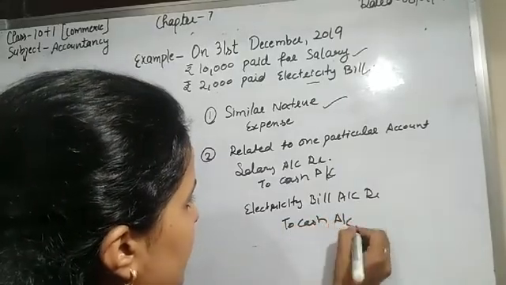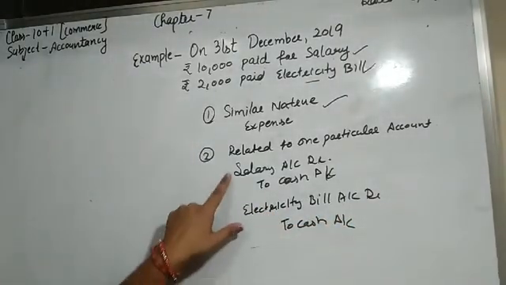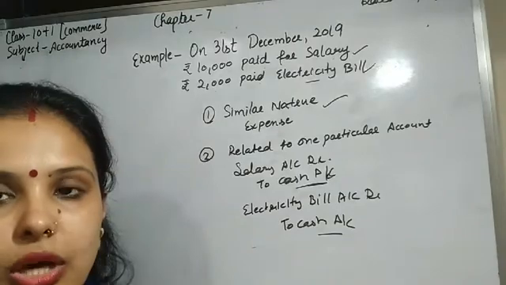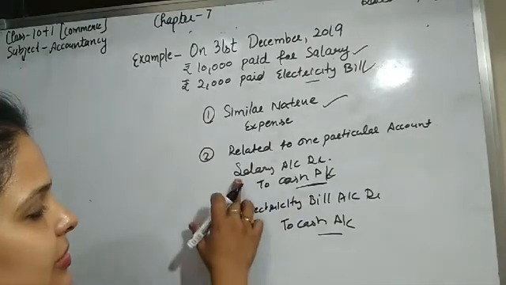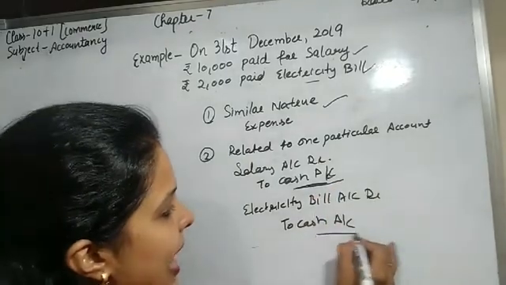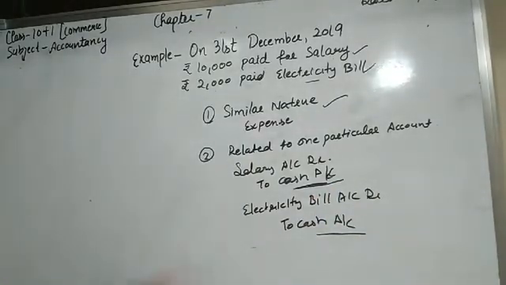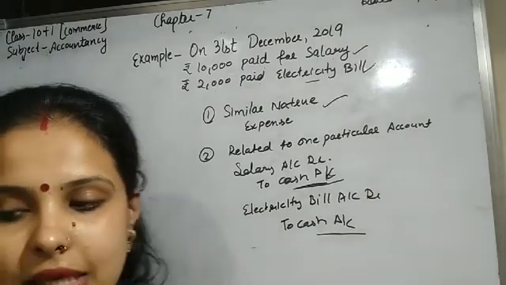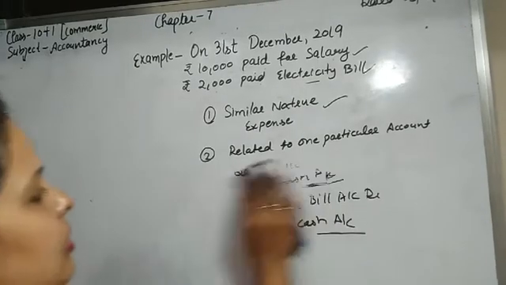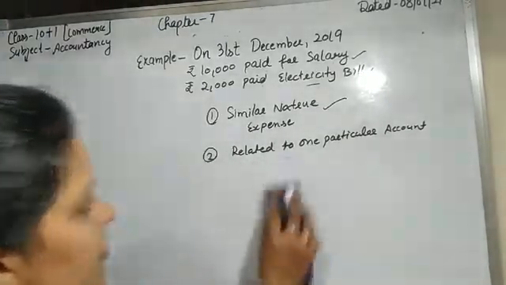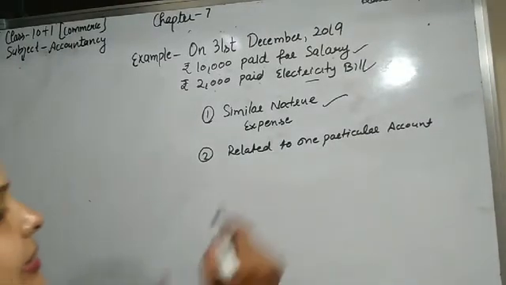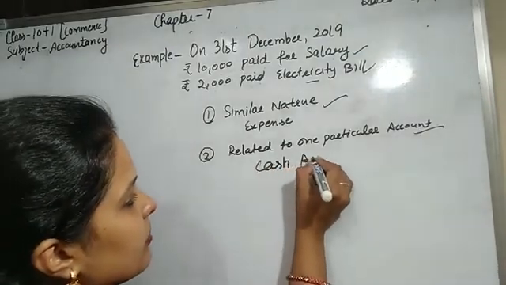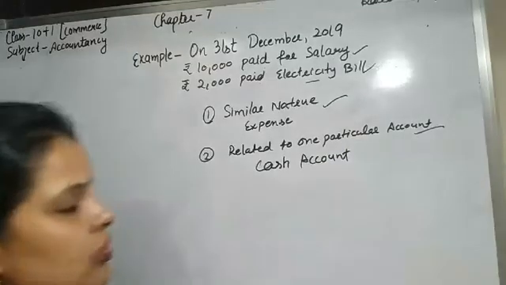So students, see, these two transactions are expenses and are related to one similar account, that is cash account. When these two transactions are debited, one similar account is credited. So the second condition is also fulfilled.